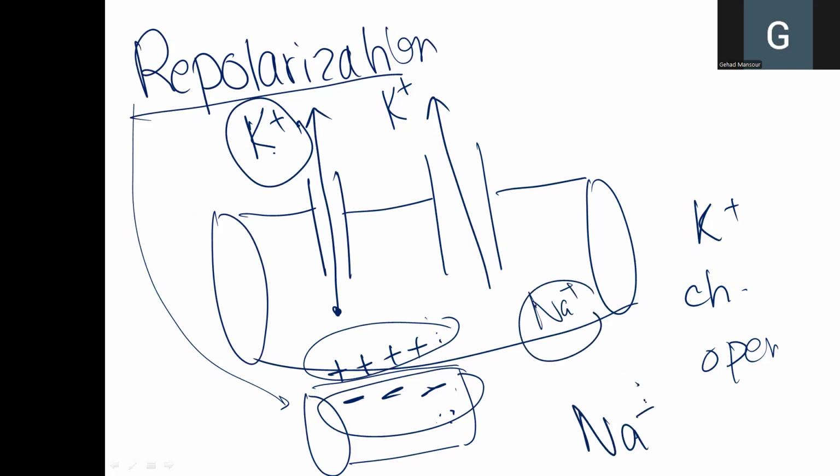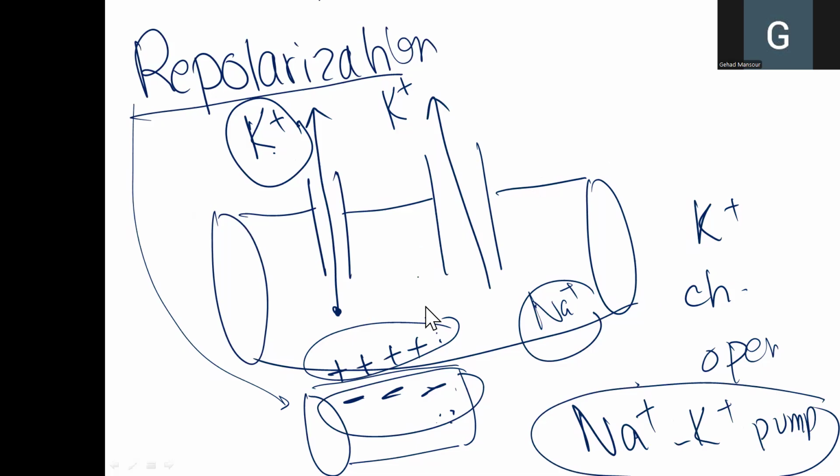And here comes the role of the sodium-potassium pump. The sodium-potassium pump works after repolarization to pump the potassium ions again inside and pump the sodium ions again outside, so that you adjust the chemical gradient after having adjusted the electric gradient.